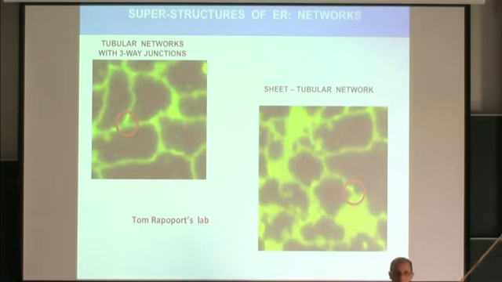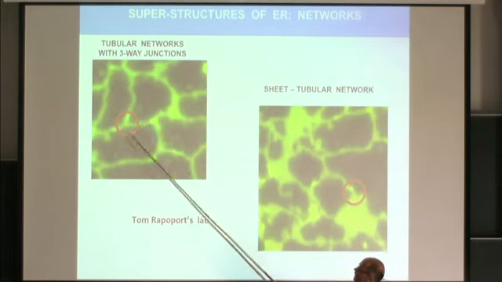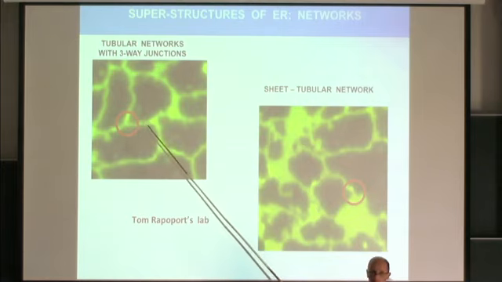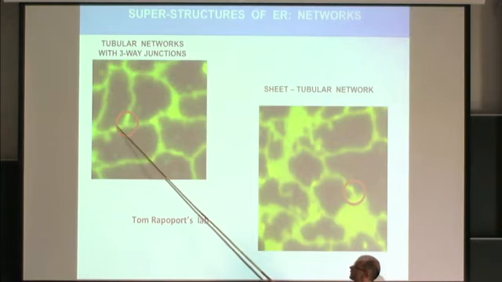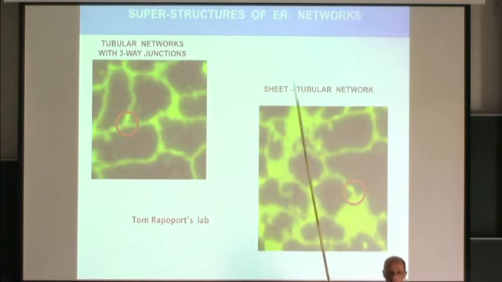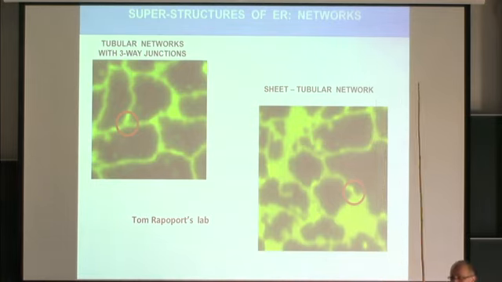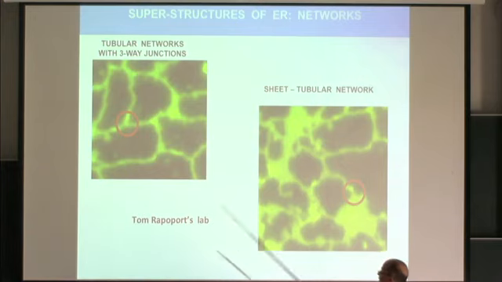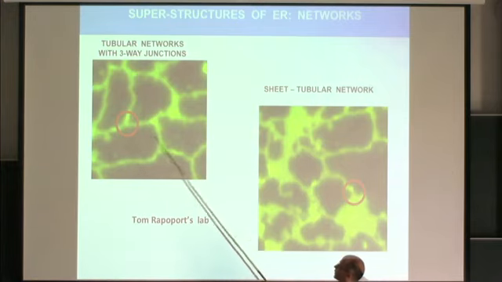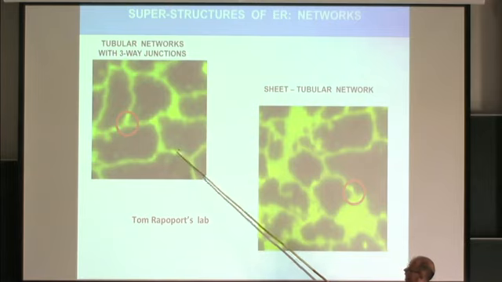A characteristic feature of these ER networks is a three-way topology of junctions. One sees only three-way junctions. One never sees four-way junctions and so on.